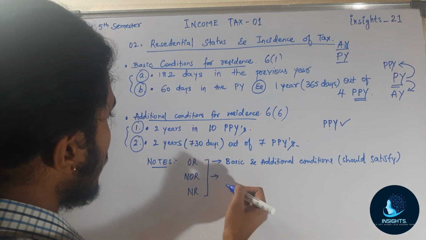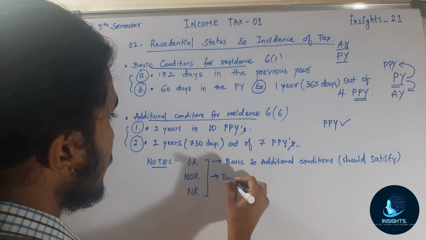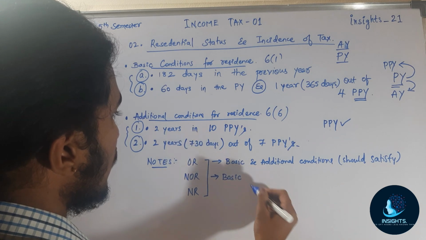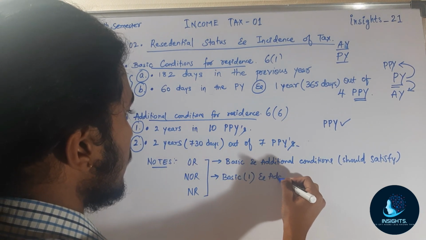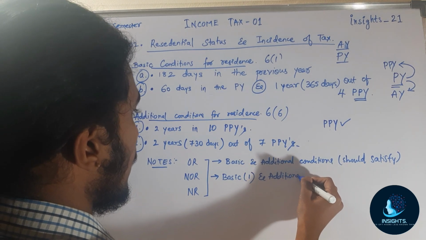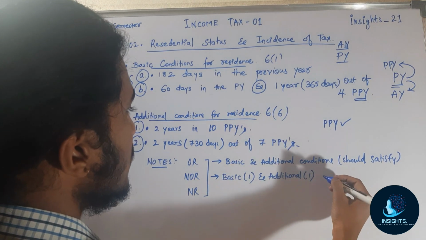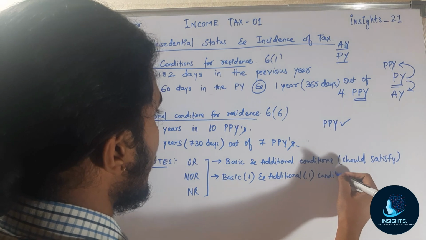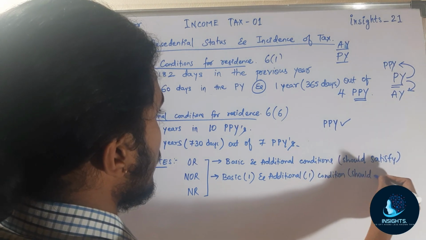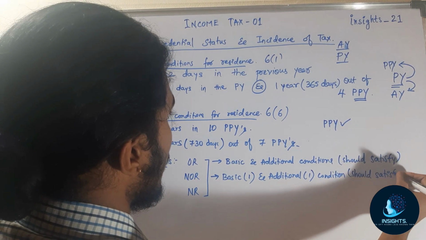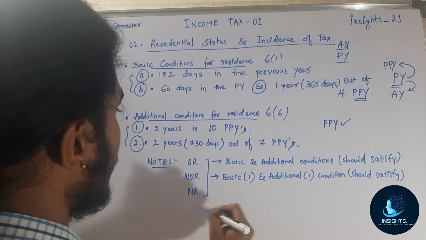For a not ordinary resident, one basic condition and one additional condition should satisfy.